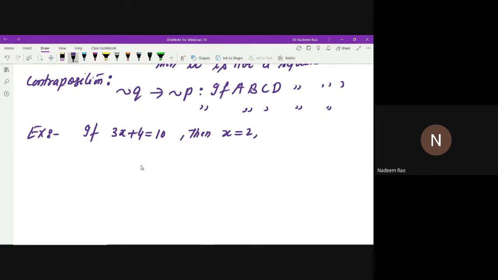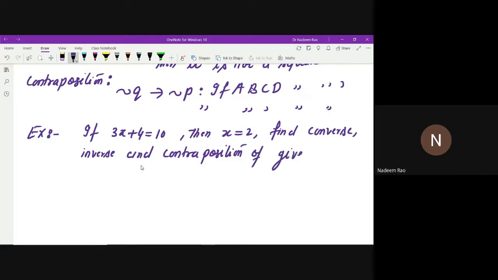Find converse, inverse, and contraposition of the given statement.